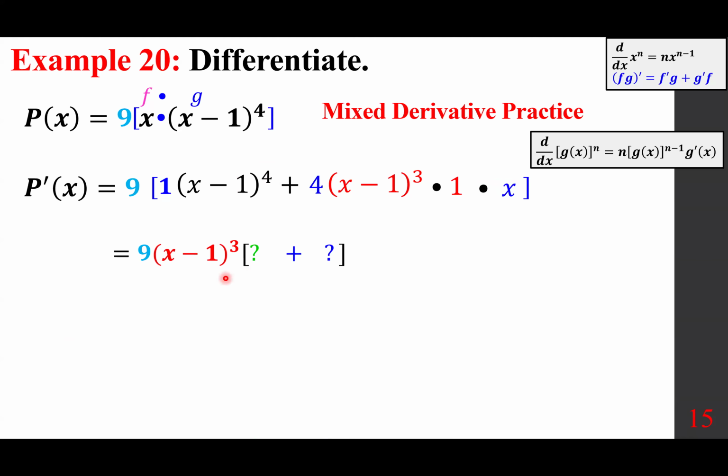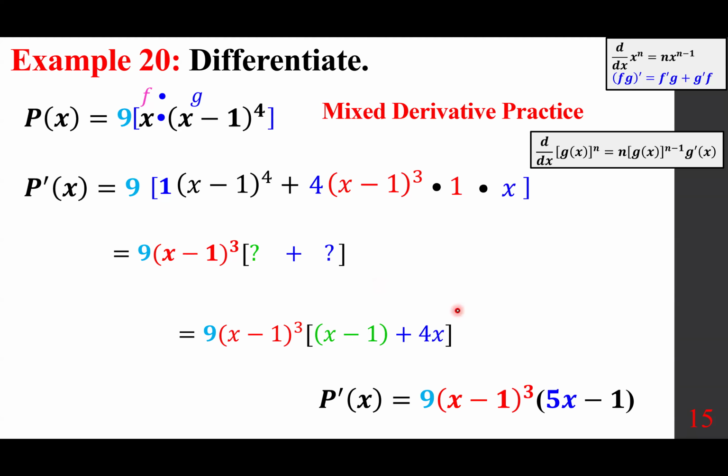If I divide this piece by this piece, (x minus 1) cubed goes away. I get 4 times 1 times x, or simply 4x. And now in the brackets, I can combine these two into 5x. The final answer, p prime of x becomes 9(x minus 1) cubed, 4 and 1, 5, (5x minus 1), and we are done.